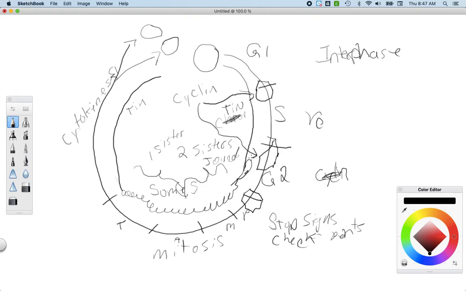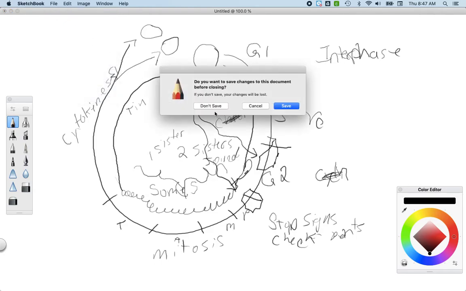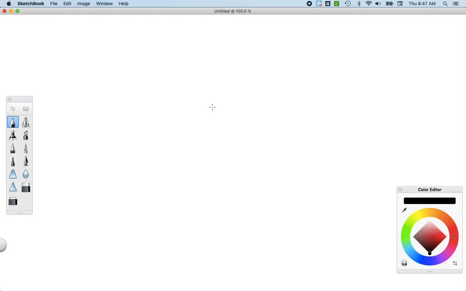If they are not ready to do that, they will not make the cyclins. So let's get a new page up here. Cyclins are produced when ready.